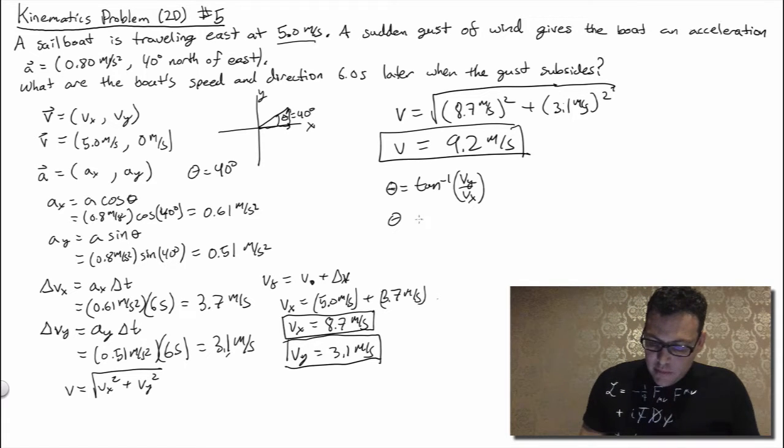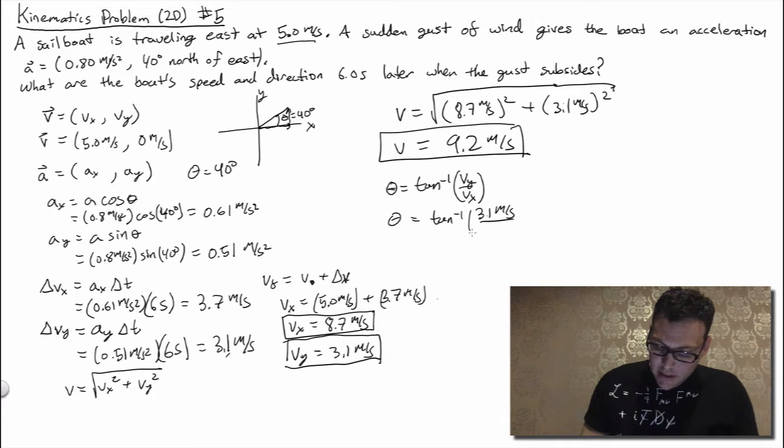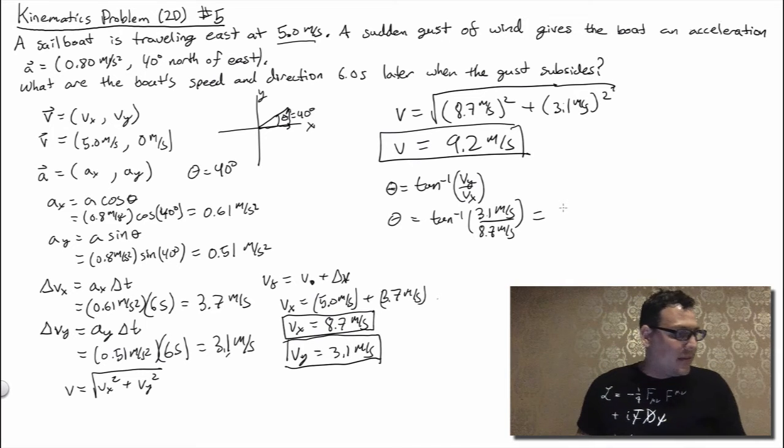So let's go ahead and plug some numbers in. So velocity in the y was 3.1 meters per second, and then the velocity in the x is 8.7 meters per second. And this happens to be, it's like 19.6 or something. Yeah, we'll just round it up to 20.